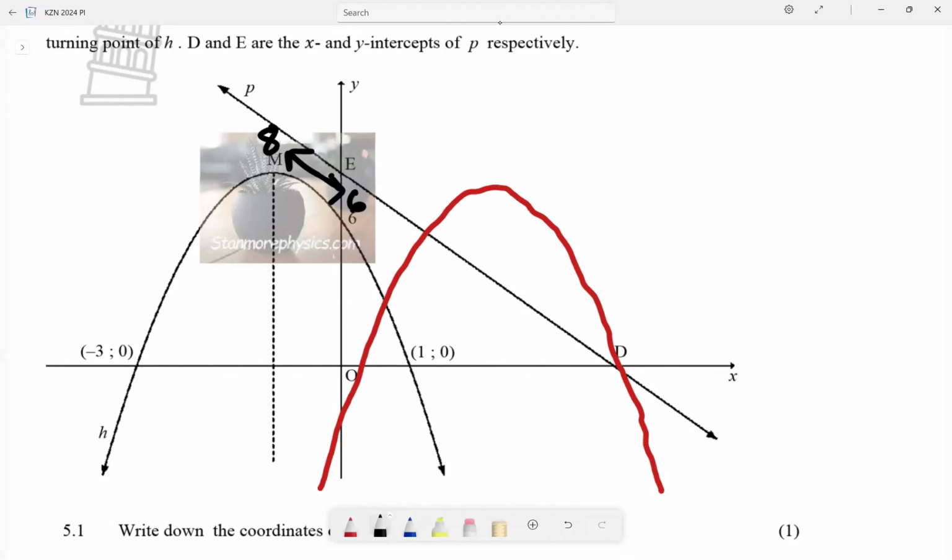So this will be at least 8 units. From there, then this will be something like 8 units also. Okay. Or this one can move to that side.